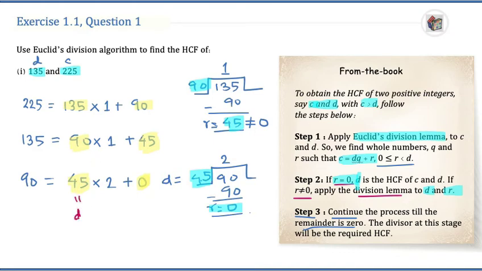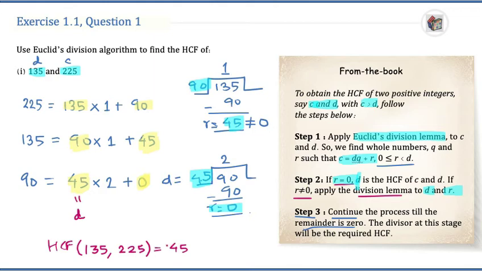So this is the final HCF that you were looking for. So finally the HCF of 135 and 225, you can express it this way, keeping a comma between them. The HCF is 45. And here we are done with part 1.